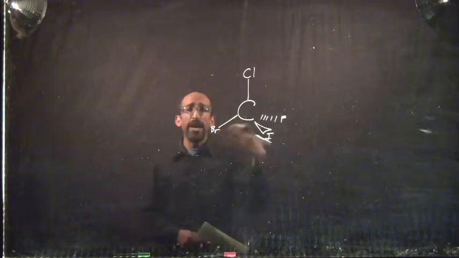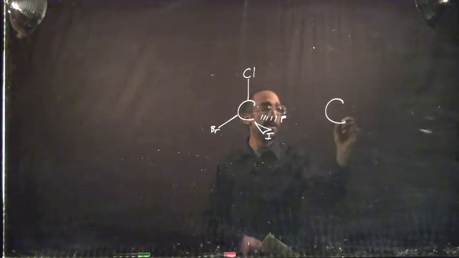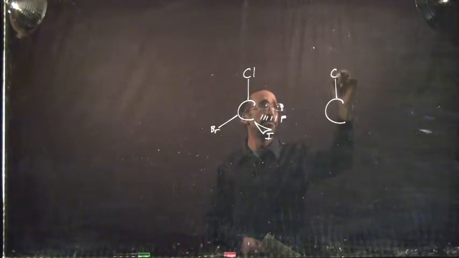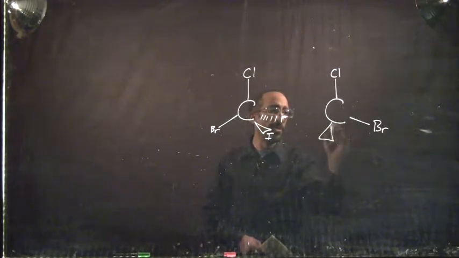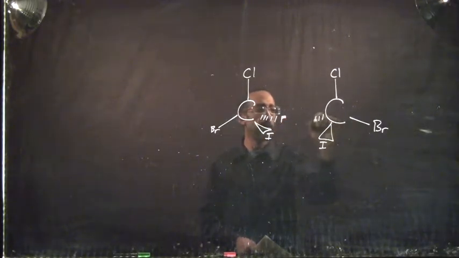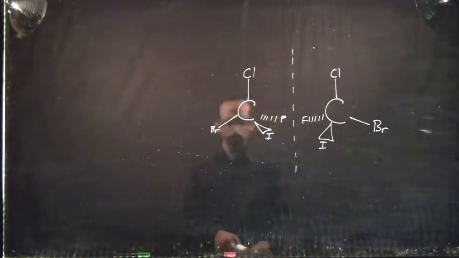And how we could draw a non-superimposable mirror image of this same carbon atom with 4 different substituents. So here's my non-superimposable mirror image, right, defined by this mirror plane.